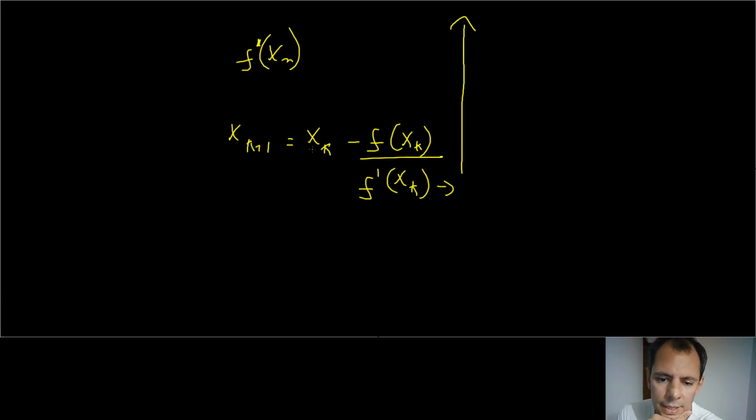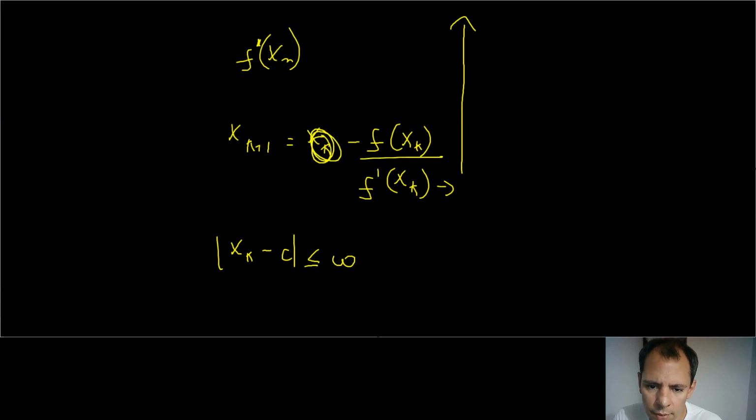Look, let's just say that x sub k minus c, where c is the root, has a certain value, okay? So put this in absolute values. This is less than or equal to, maybe, omega. Now, if this is going to be huge, this huge thing here is just going to obscure this stuff.